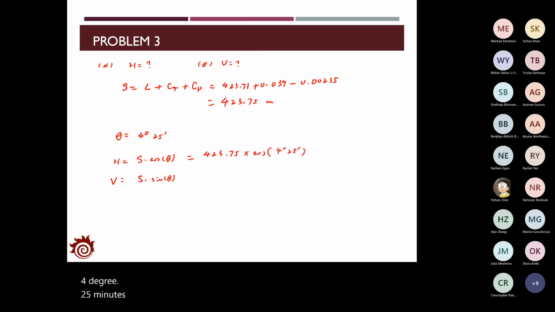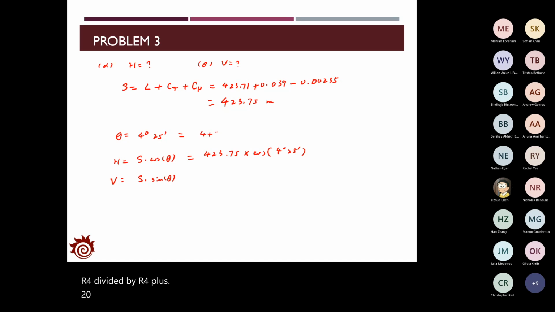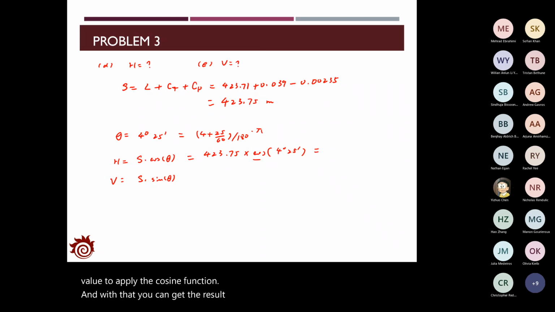And here you need to think about how to convert this to radians. The way to do that is 4 plus 25 divided by 60, to convert this to degrees, then divide by 180 times pi, and use this radian value to apply the cosine function. And with that, you can get the result. I need to do the calculation again, the distance is different now.